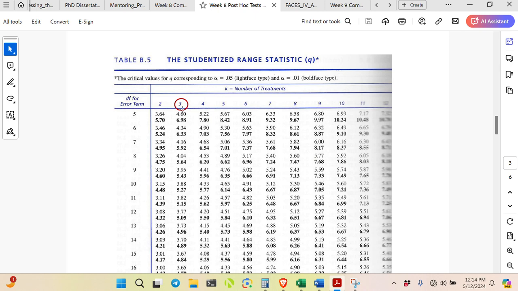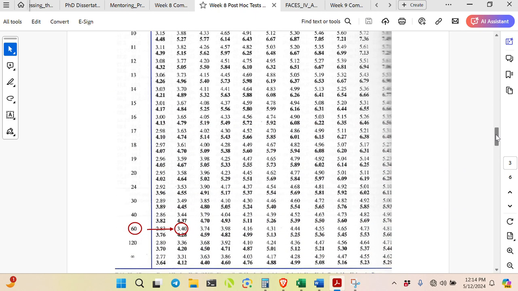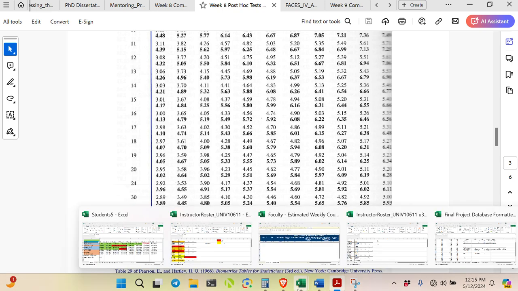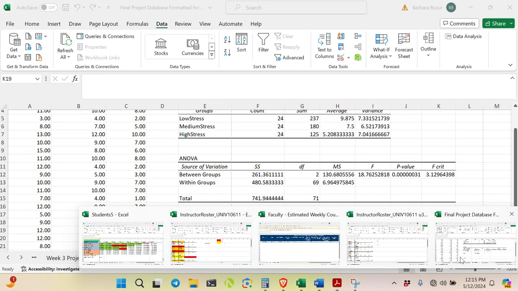So you'll find the 3 groups, and then you'll scroll all the way down. Our degrees of freedom error is 69, and the closest to that would be 60. So we get 3.40. And then going back to your Excel file, you can start setting this up.